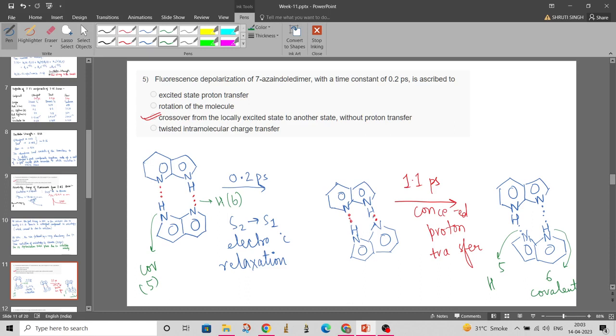So the depolarization of the ultrafast component, 0.2 picosecond, fluorescence depolarization occurring in the ultrafast time scale, was assigned to this crossover from the S2 to the S1 state, which is happening in this ultrafast time scale, and not the proton transfer or the rotation.